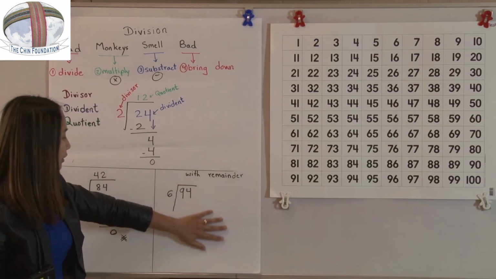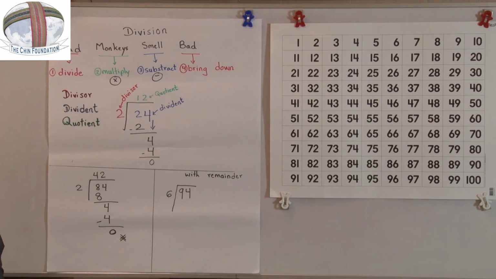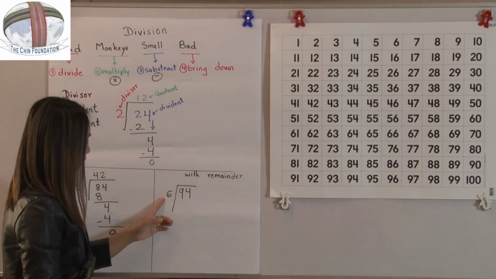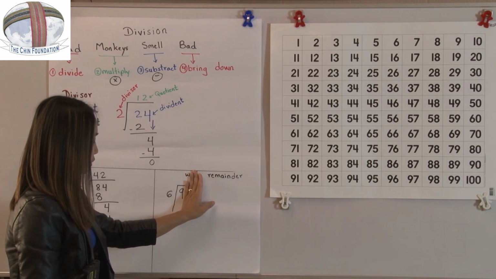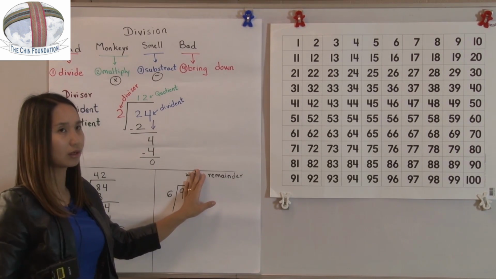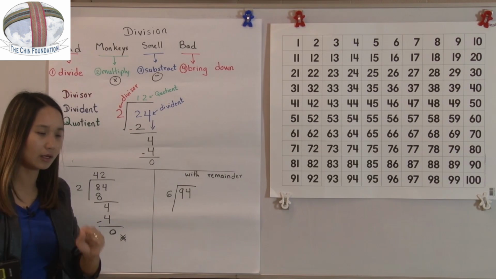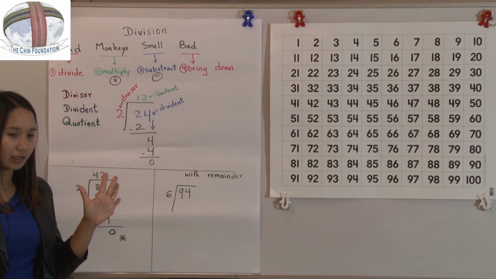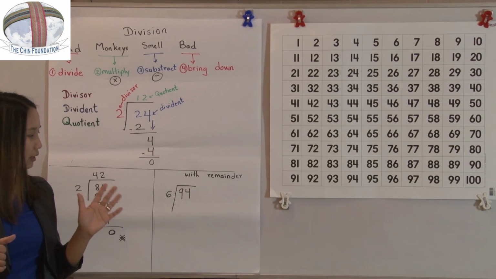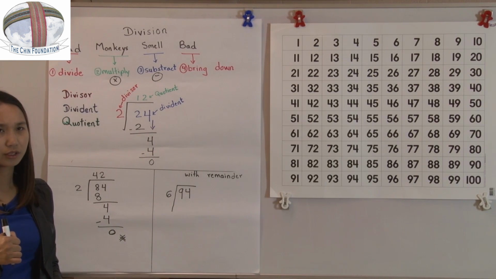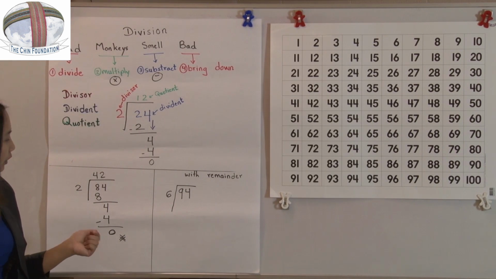Okay, let's look at this one. This one will have the remainder, okay? First, I have to look at the first number. It's too big, I can't do it with 2 digits. So, how many 6 will go into the 9? So, let's say 1, 2, 3, 4, 5, 6. Okay, if I add one more, 6, 7, 8, 9, 10, 11, 12. Okay, it's already 12, so I can't do it with 2 groups.